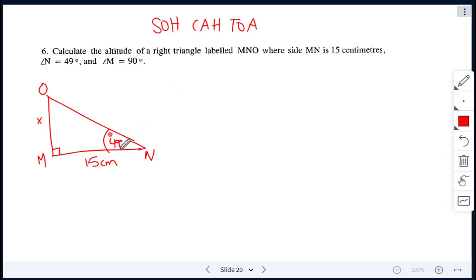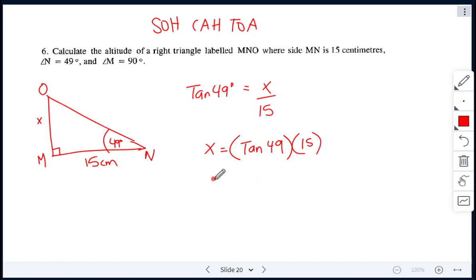So we have our angle here, 49 degrees. Opposite is what we're trying to find. Adjacent is what we are given. So we would use tangent. So setting this up, tan 49 degrees is equal to X over 15. Okay, and next we're trying to solve for X. So that would be tan of 49, and we're going to multiply by 15.